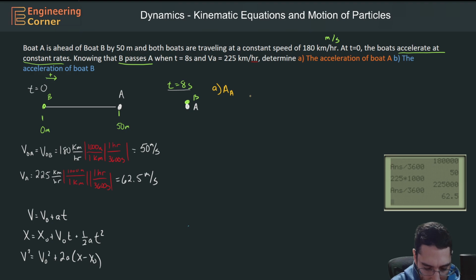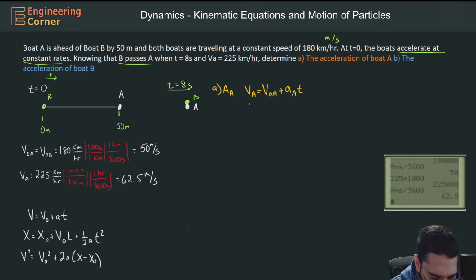So I can say that the velocity of A is equal to the initial velocity of A plus the acceleration of A times the time. And the time of A and the time of B are the same, right? Because they're in the same reference frame. Everything that happens at time 0 and time 8 is the same for both of those. So we're just going to call that t.